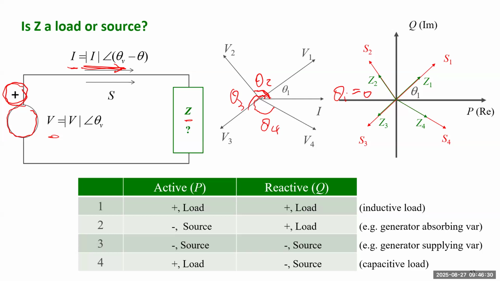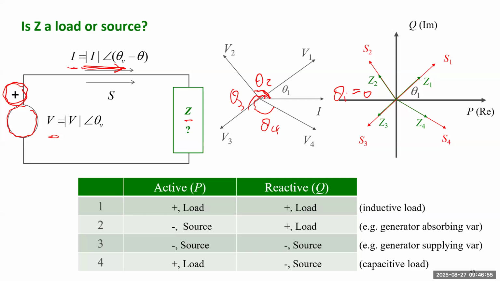So for the third condition, if voltage falls into the third quadrant, this is actually the source for both P and Q in the circuit. Even if we assume this one to be a source, it really behaves as a load in both P and Q. The last one is actually an active load, but a negative reactive source.